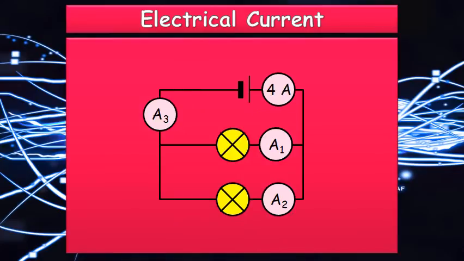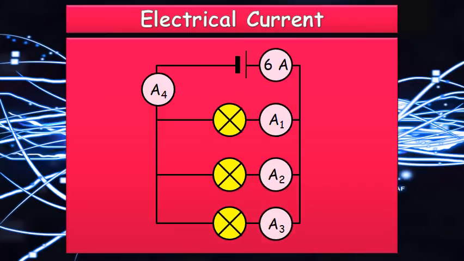Okay, in this example here we have 4 amps to start off with, so this is our starting point, and it divides into 2, so it's going to be 2 amps here, and ends up, after it's all gone through, being 4 amps at the end once they've joined up.